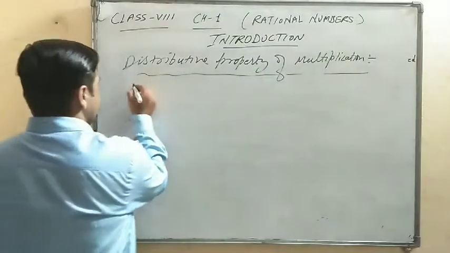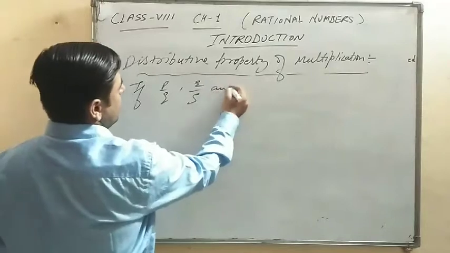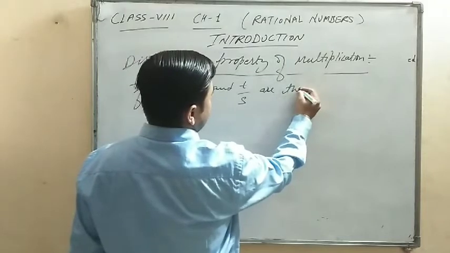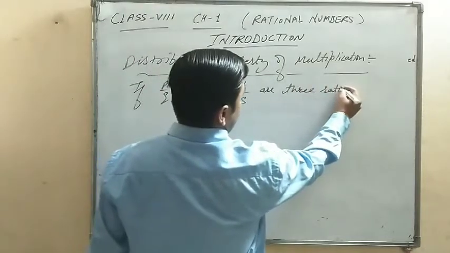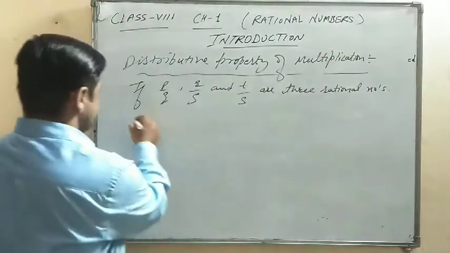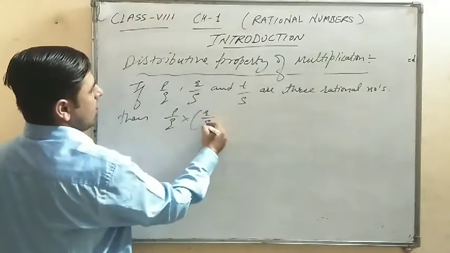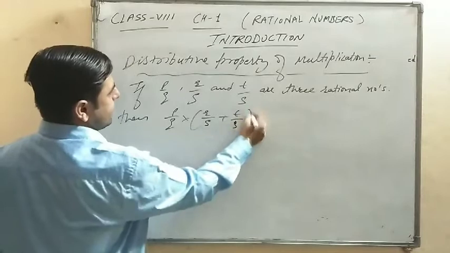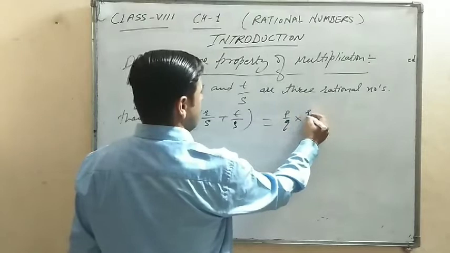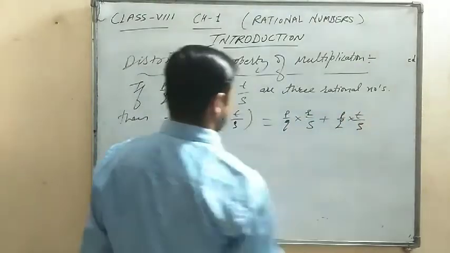In which we require three rational numbers. If p by q, r by s and t by s are three rational numbers, then p by q into r upon s plus t by s will be equal to p by q into r by s plus p by q into t by s.